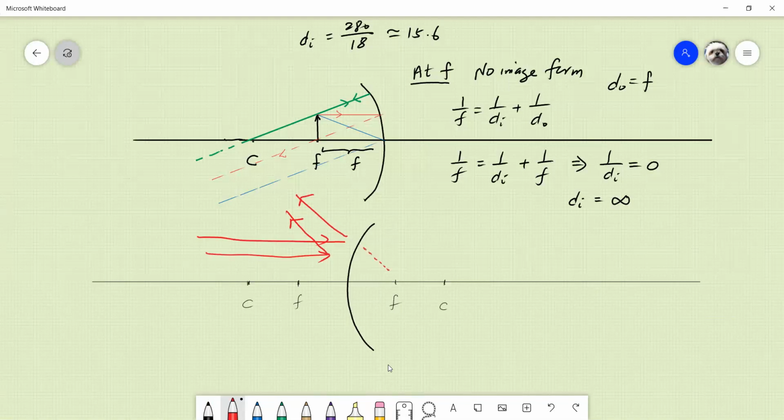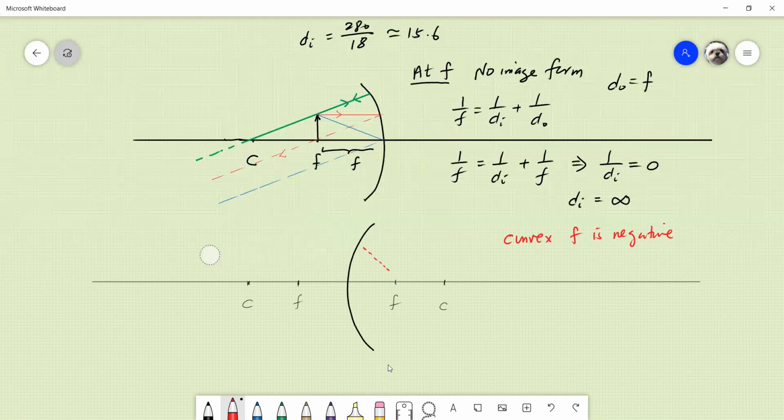So in other words, if you have a convex mirror, your F is always negative. Why negative? I'm not going to use this F here. I'm going to use the F on the other side, which means the F is negative. Are you with me? Yes, it's on the opposite side of the mirror.